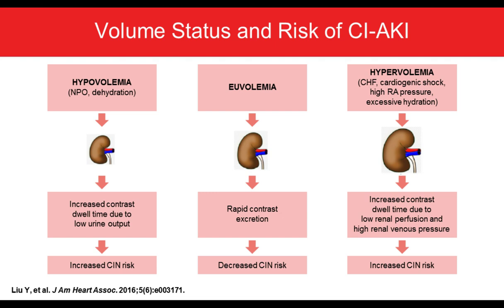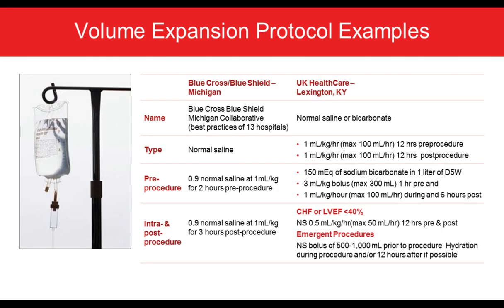So this also increases contrast-induced nephropathy risk. So figuring that out, where your patient is along that spectrum, is very important. Understanding whether they're euvolemic, hypervolemic, or volume deprived, and appropriately managing fluids.